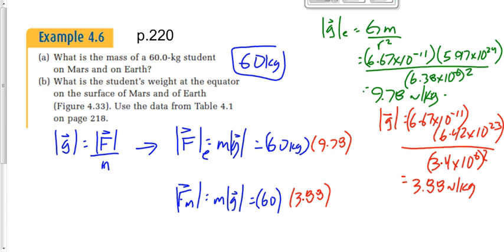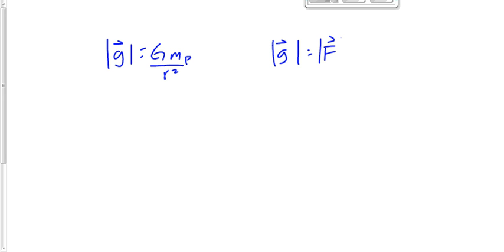Let me show you this, and then I'll flip this page back so you can finish copying that if you haven't already, all right? Here's the producer equation. This would be the mass of the producer, right? Here's the experiencer equation. This would be the mass of the experiencer.